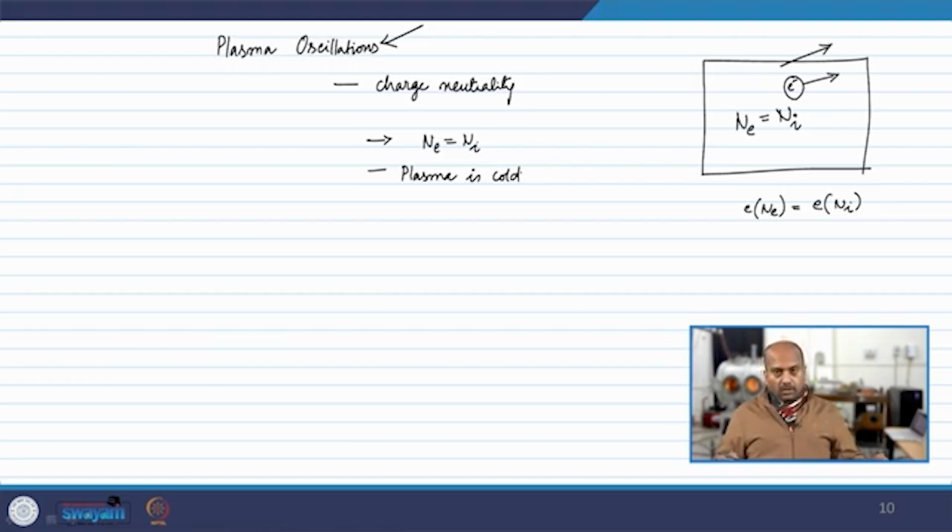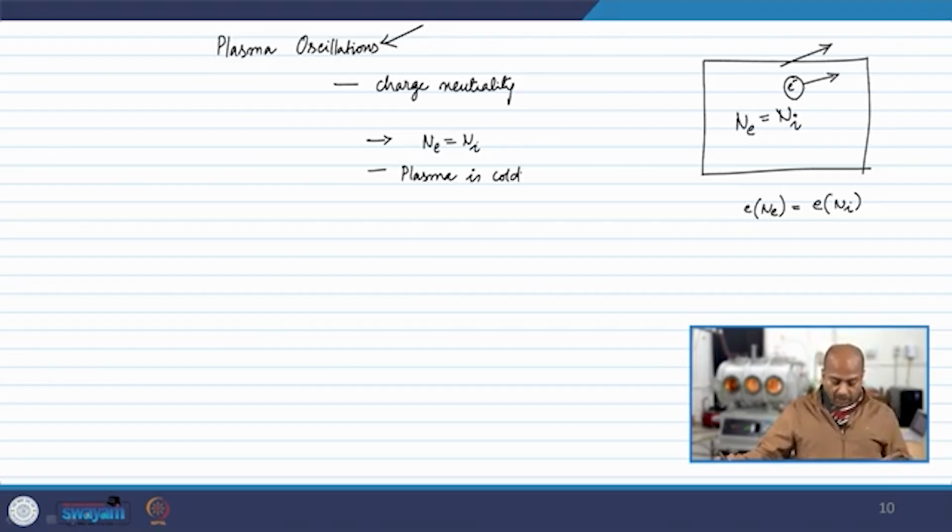Electrons and ions are not moving from one place to another as a result of the ambient temperature. So there are obviously no collisions. In a situation when thermal motions are not present, we call this plasma a cold plasma, or we say that the thermal motions are negligible.